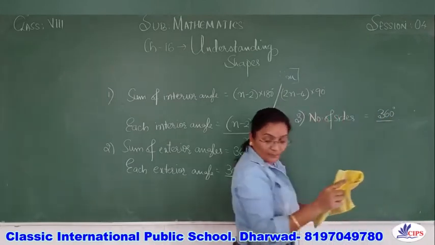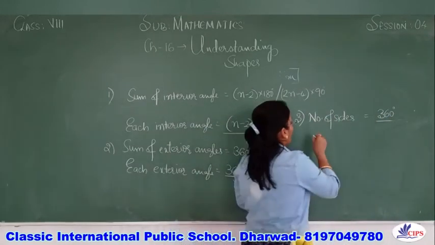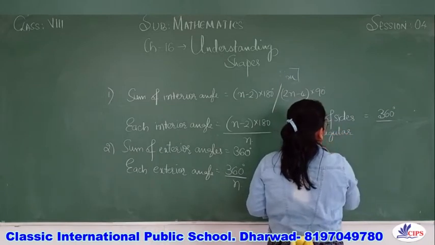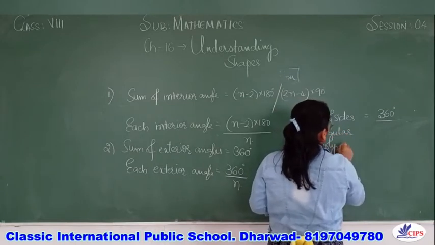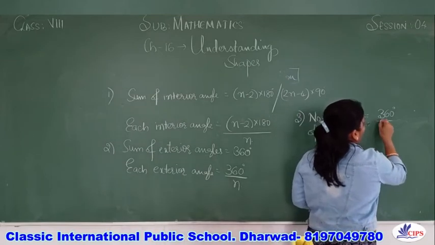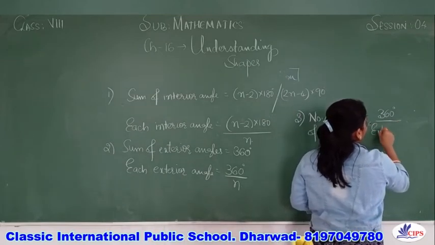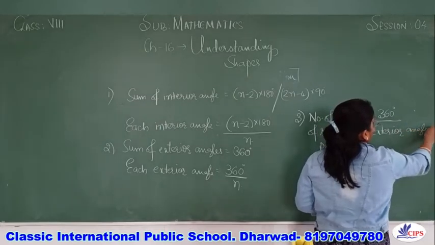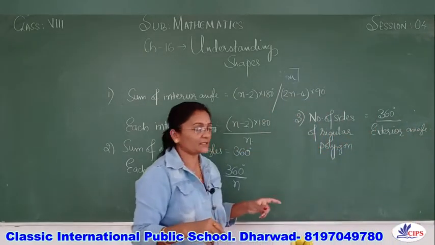So the number of sides of a regular polygon is equal to 360 by the exterior angle. Learn all these formulas so that it will be helpful for you to solve the next exercise.